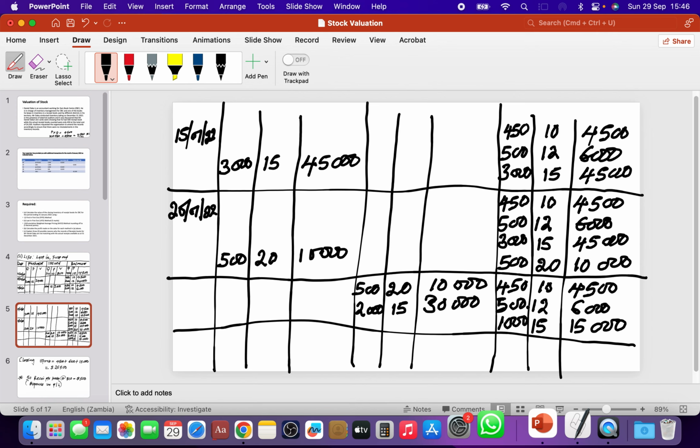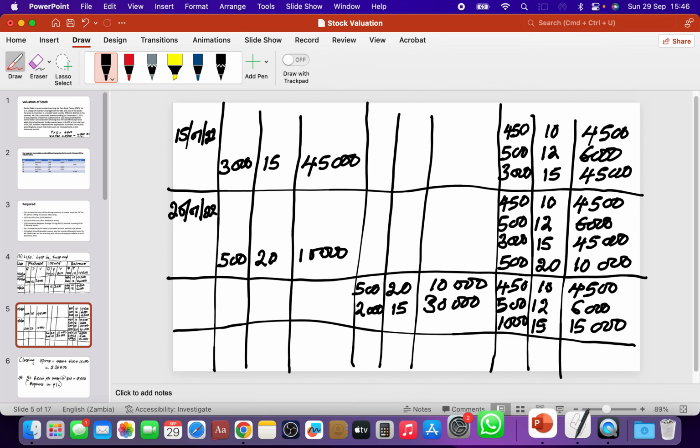Now, my closing stock here on the 29th of January, I'll have this batch of 450, which is still intact because I've not issued it out. This batch of 500 will remain intact because I've not issued that. From this batch of 3,000, I got 2,000 from it. It therefore means that 1,000 is remaining at $15.